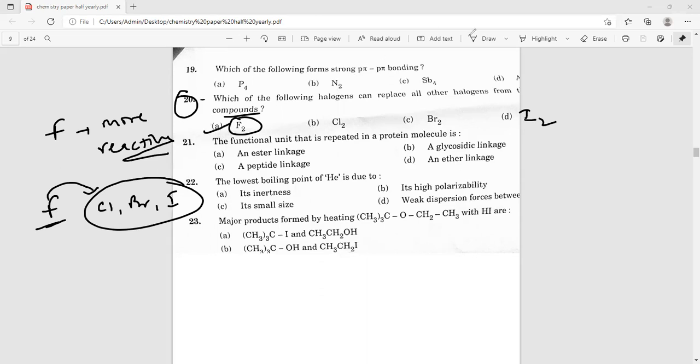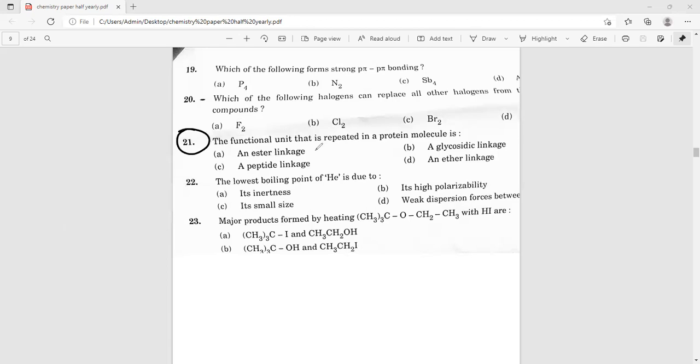Question number 21. The functional unit which repeats in the protein molecule is peptide linkage. In case of protein, there is C, R, NH2 and COOH, right?